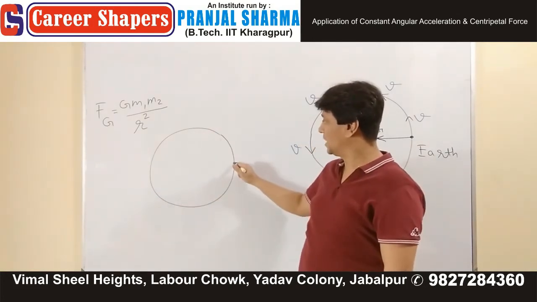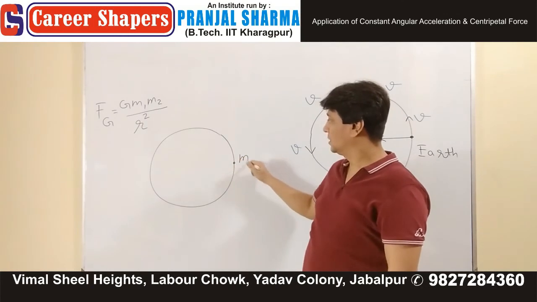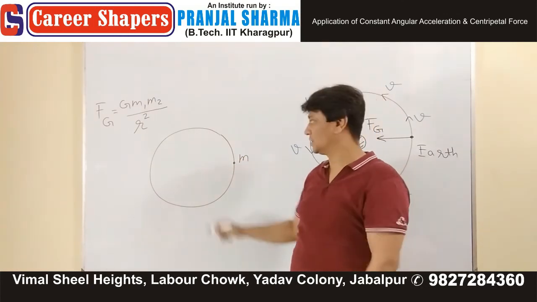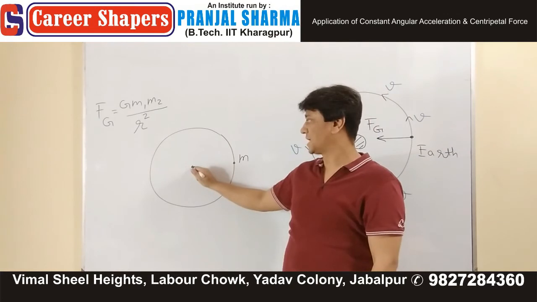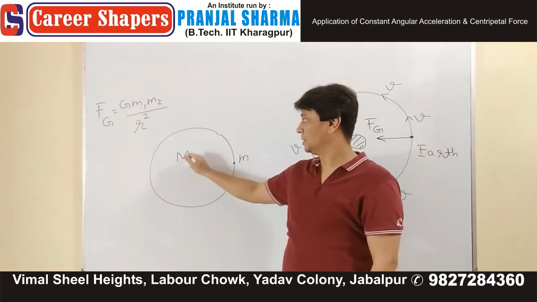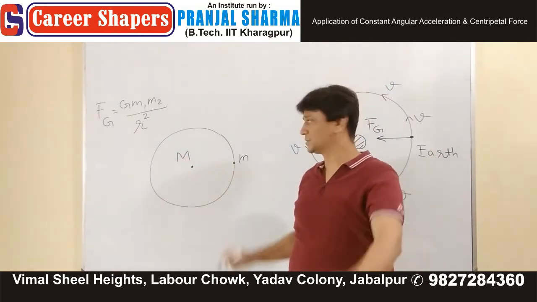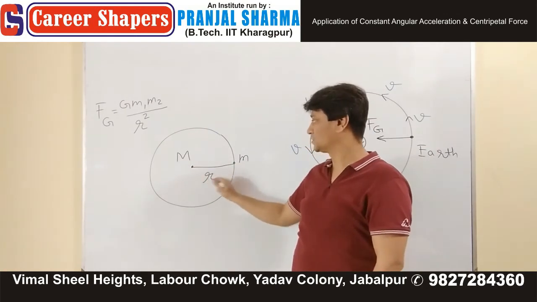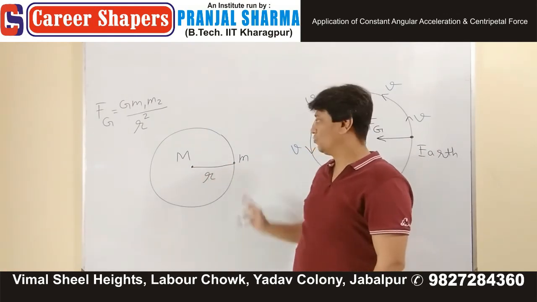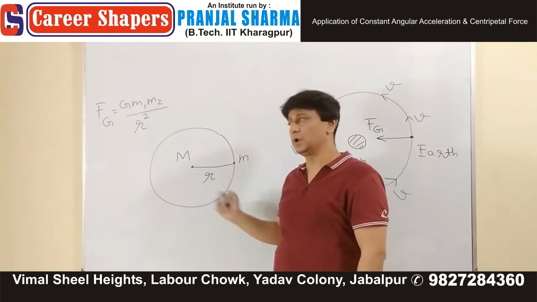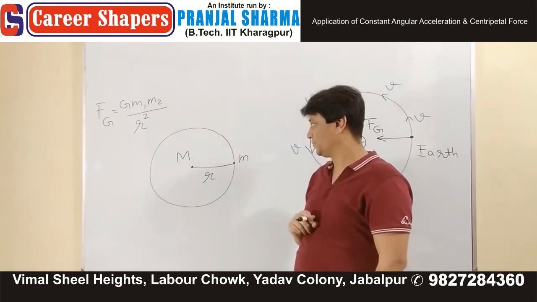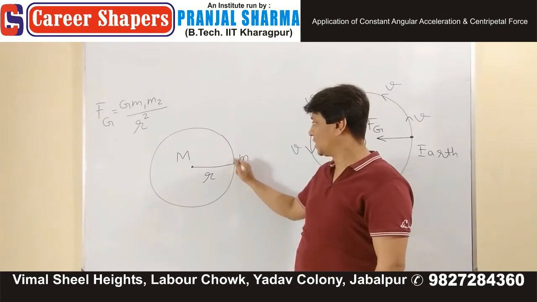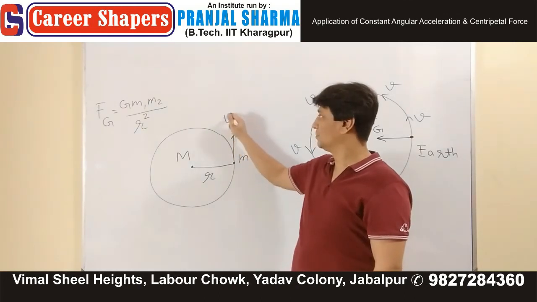This is small m for mass of earth. This is capital M for mass of the sun. This is the radius, small r. Radius of the orbit is small r. Earth is rotating with v.